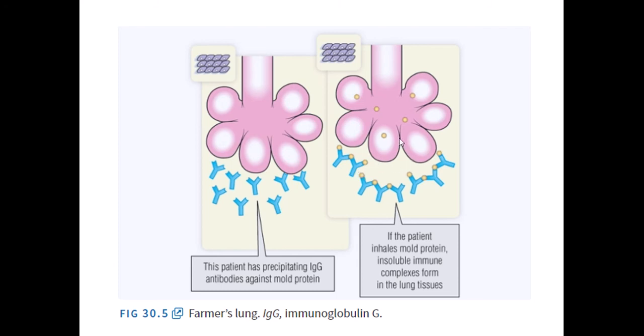That's going to call upon PMNs to the area and cause destruction to the alveoli, as you can see. So farmer's lung syndrome then is an immune complex disease where the patient is allergic to the mold spores, and the patient gets sensitized against those.